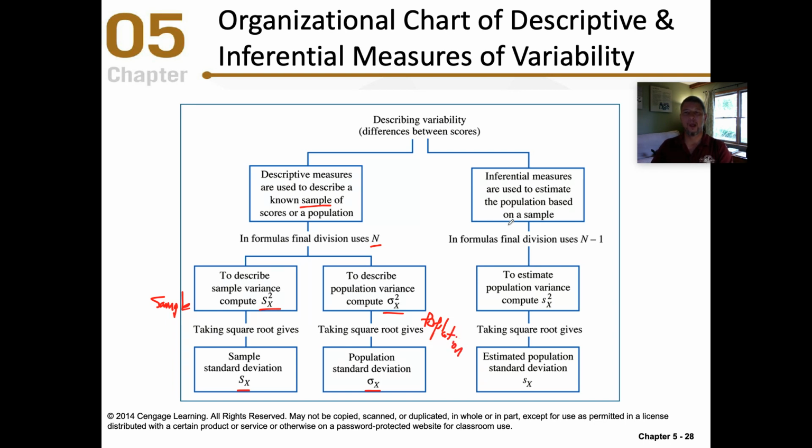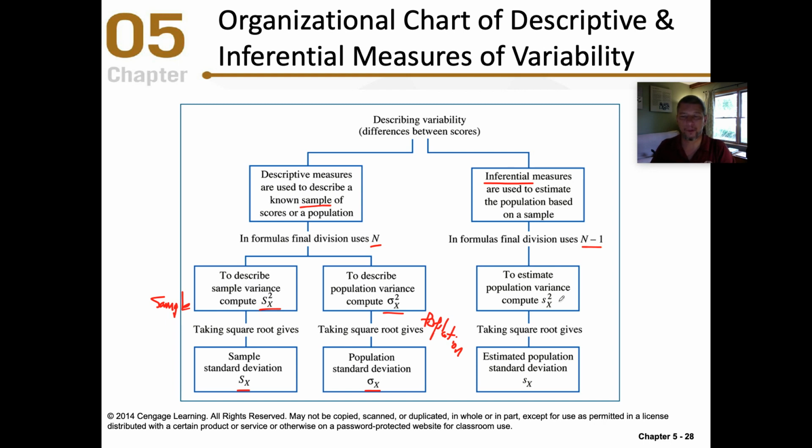However, more often than not, in real research, I need to make inferences. In other words, I need to use the sample in order to make inferences about the population. And so in this case, I need to use the degrees of freedom. So inferential measures are used to estimate the population based on a sample. And here, again, the formulas use n minus 1.